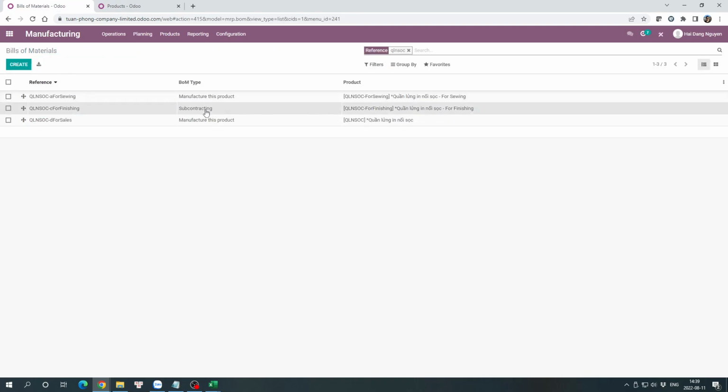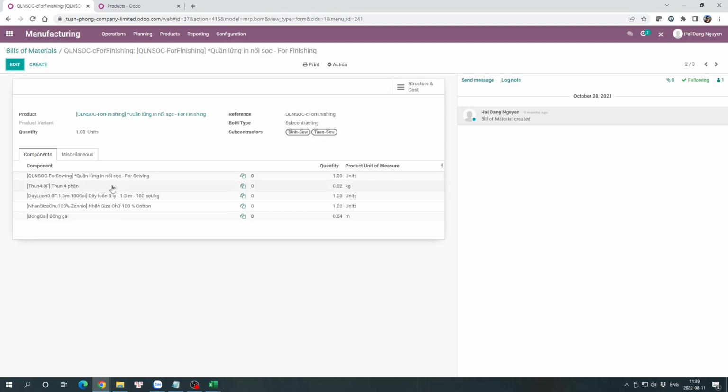Now for the second one, the subcontracting one, you've got these. And it should be similar to what we saw before. It's basically something that you buy outright, direct purchase for use in some bill of material. So I'll just show you one of these, but pay attention. The default location for these would be different from the ones that we saw before.